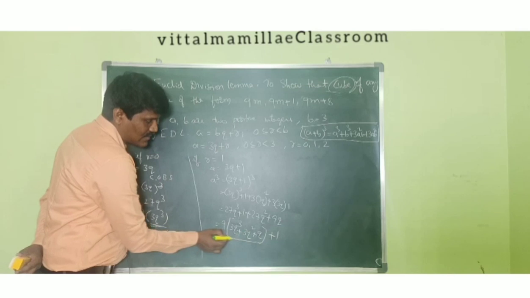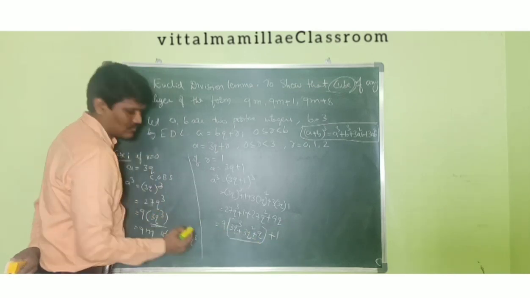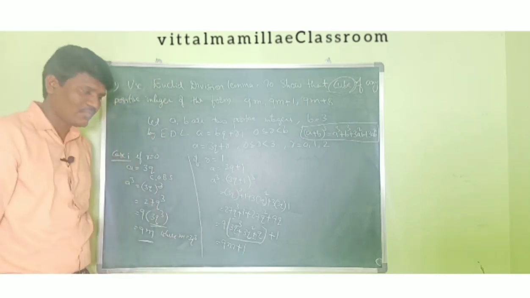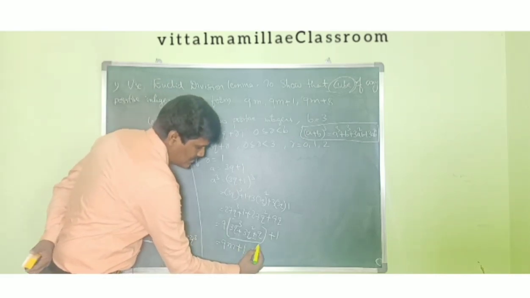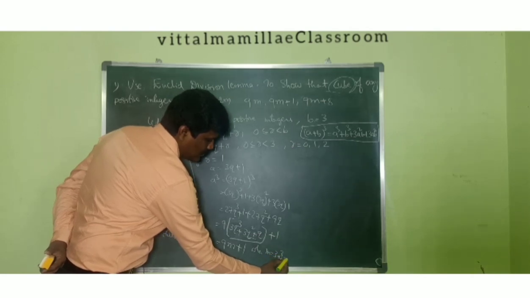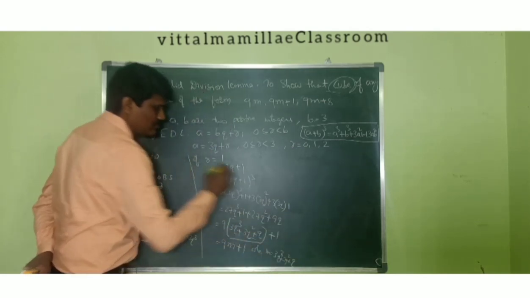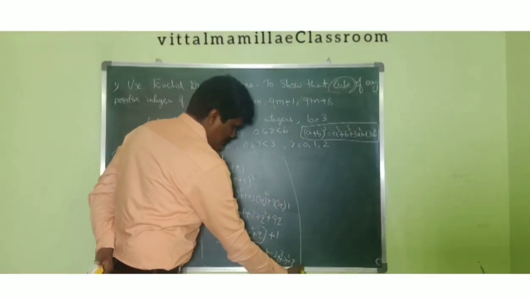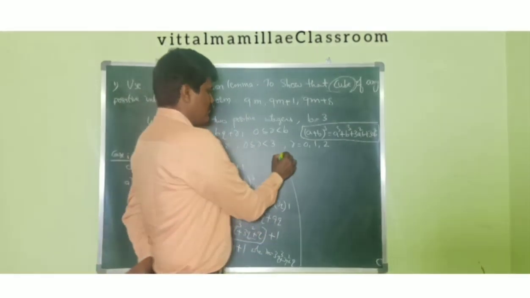So let us suppose this as m now. So it will be 9m plus 1, where m is 3q cube plus 3q square plus q. This is case 2.